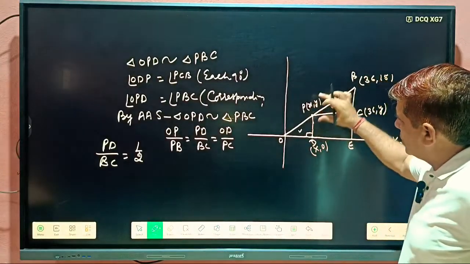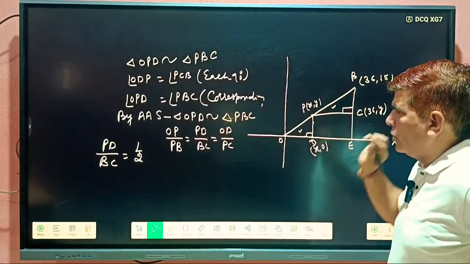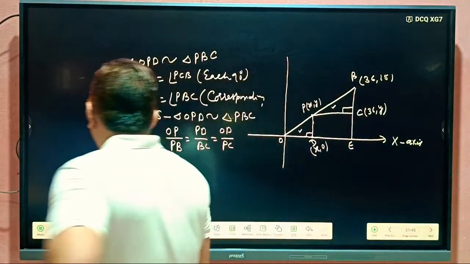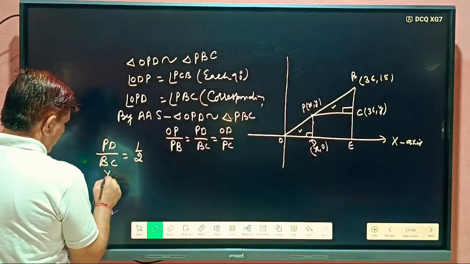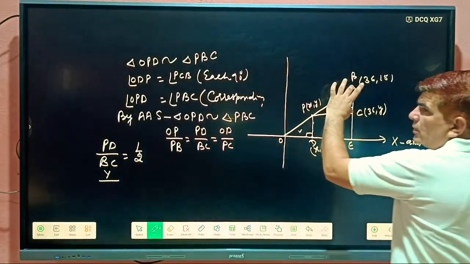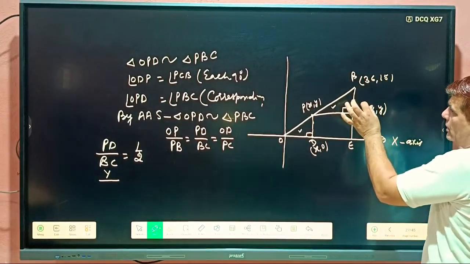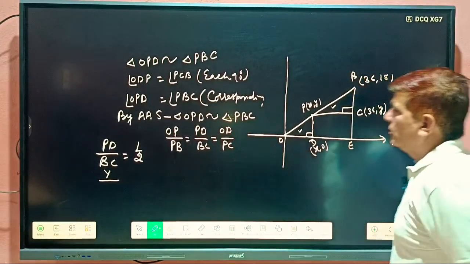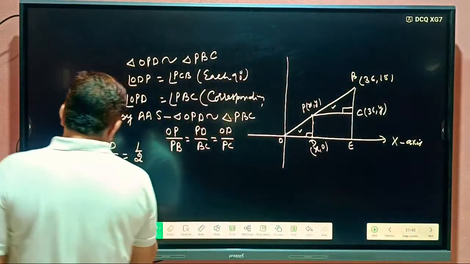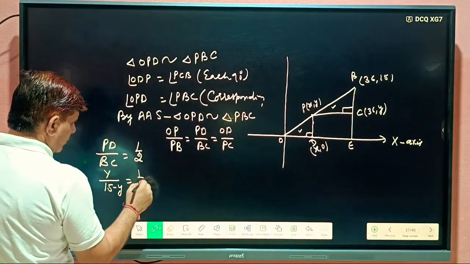How much distance is this PD? x minus x, 0 minus y, so y. So y by BC. This is BC. Coordinates of C and B are these: 36 minus 36 is 0, 15 minus y. So y by 15 minus y is equal to 1 by 2.